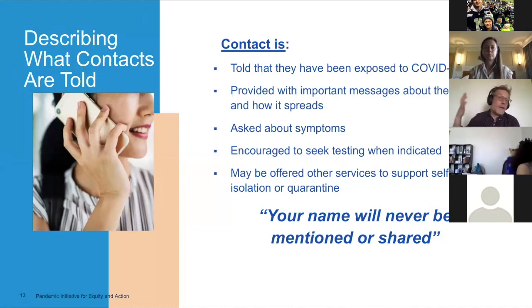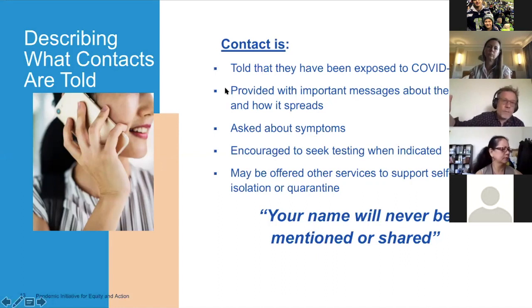We inform them, hey, you've been a close contact of somebody with COVID-19. We educate them, what does it mean to be a contact, why we're worried about being a contact, or what's the concern. And then, as Doris alluded to, we resource them. We want to provide them with the wraparound services so that they can quarantine appropriately. And those are the three components of what contact tracing involves. So inform, educate, resource. Next slide.